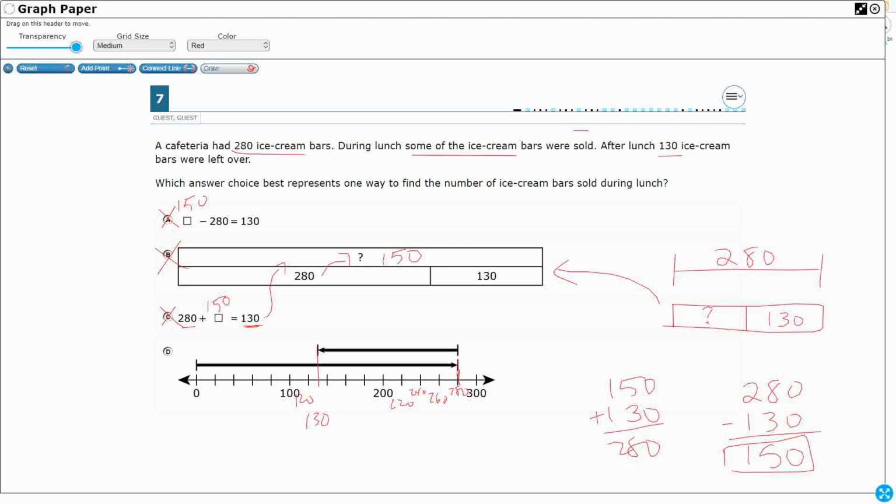Okay, so what they did is they added 280, and then they went backwards, and they got to my 130. Okay, so there's my 130. And how much did they take away? Well, let's see. I've got 20, 40, 60, 80, 100, 120, 140. Add a 10. There's my 150. So they used a number line to represent that. So that's my answer, D.